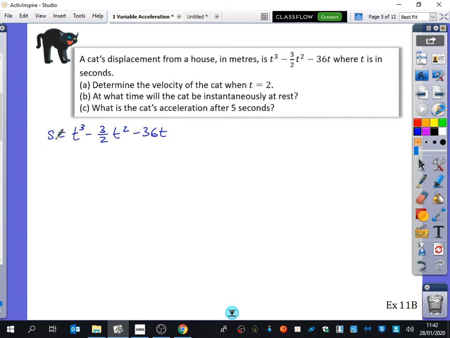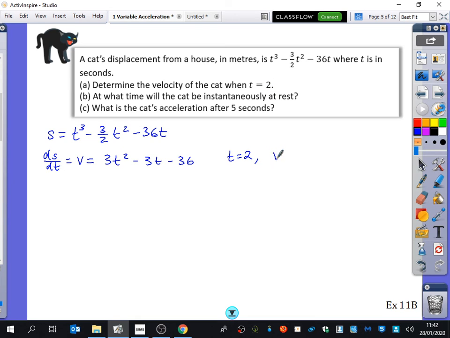So S is the displacement here. This time I'm going to differentiate it once to find out what the velocity is. And the velocity will then be 3t squared minus 3t minus 36. So that's what ds dt is. And they want us to find the velocity when t is equal to 2.